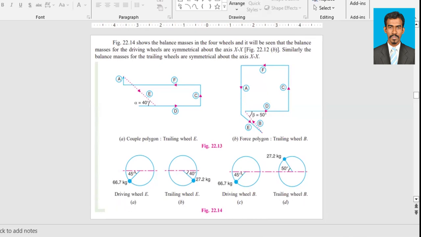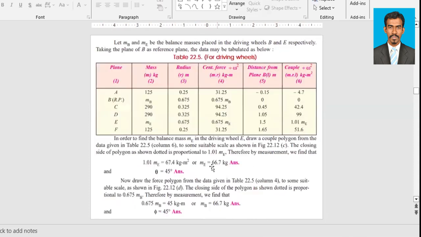We have already found from this part of the numerical 66.7 kilogram at theta 45 and at phi 45. This is for driving wheels, right?